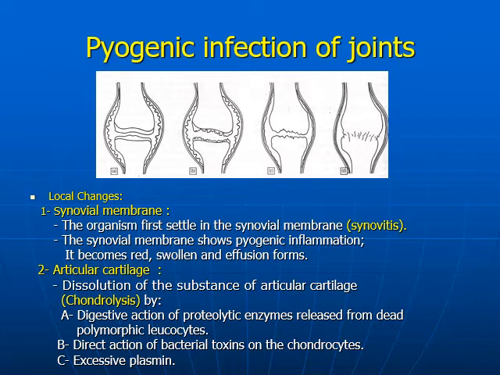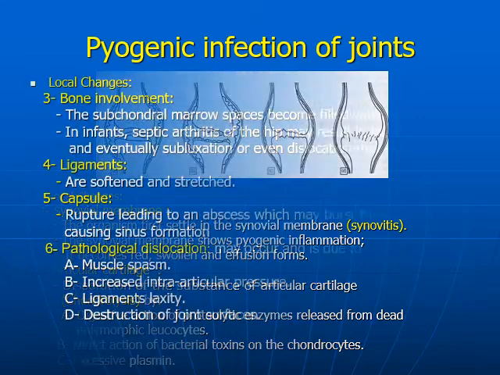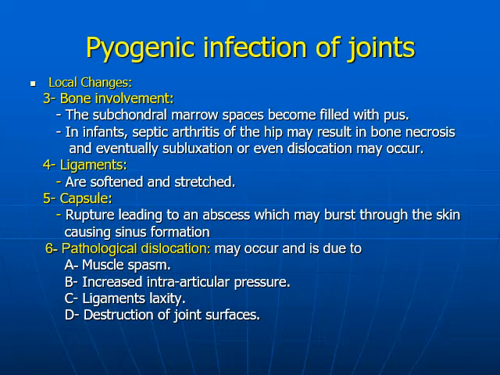That is to say, the articular cartilage itself becomes dissolved by either the digestive action of proteolytic enzymes, direct action of bacterial toxins, or excessive plasmin. The subchondral marrow space becomes filled with pus, and the ligament becomes softened and stretched. Capsule may rupture, leading to an abscess.